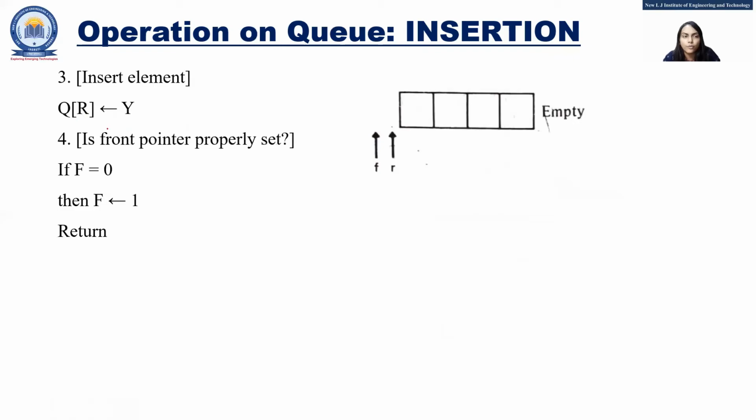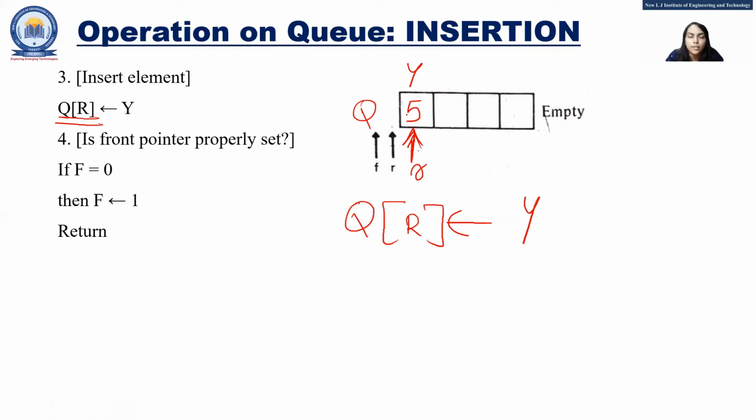So this is R, and if this is Q, how can we access this first location? That is Q of R, and there we will place Y, because Y has the value. So this is how we can insert in a queue.